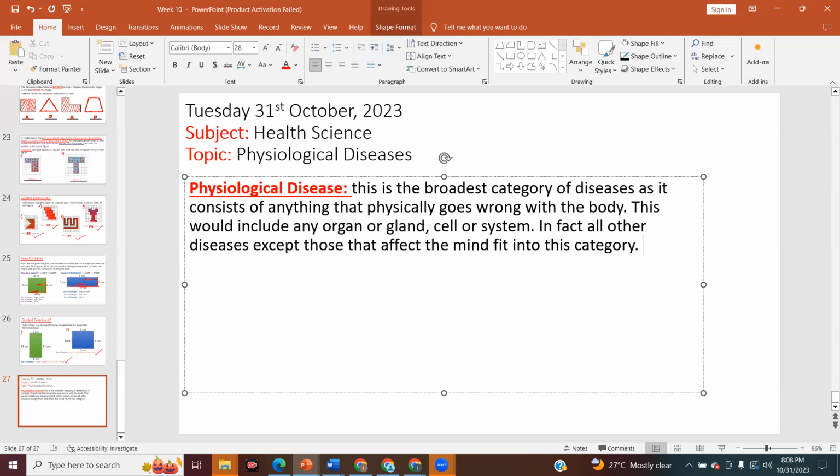So it's a very broad category, right? Anything that affects organs, glands, systems, all those different things that can happen, which affects the function of the organ or gland. This would be called physiological disease. All right.